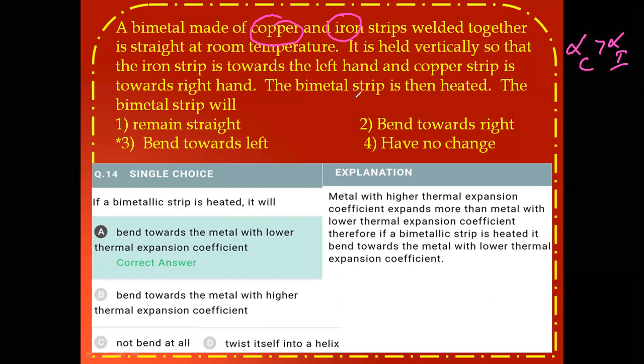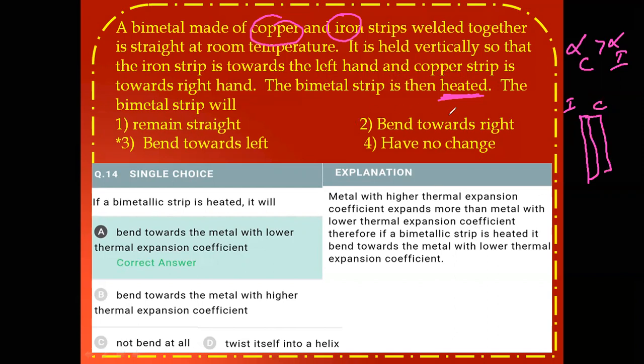Now see here, the bimetallic strip is heated. It is held vertically so that the iron strip is toward the left. So this is the iron strip, and the copper strip is toward the right side. So this is the iron, and it is the copper.